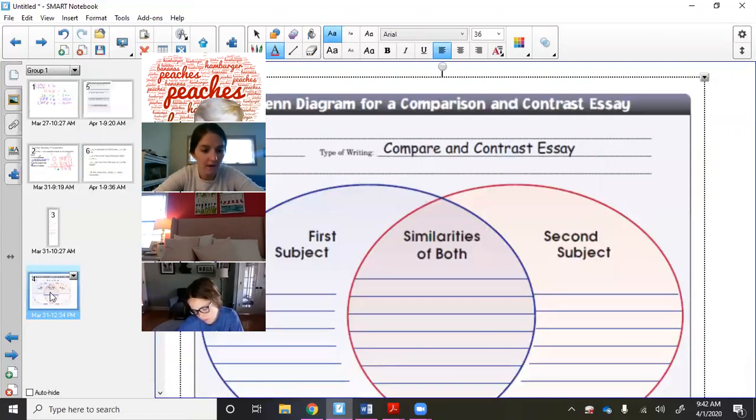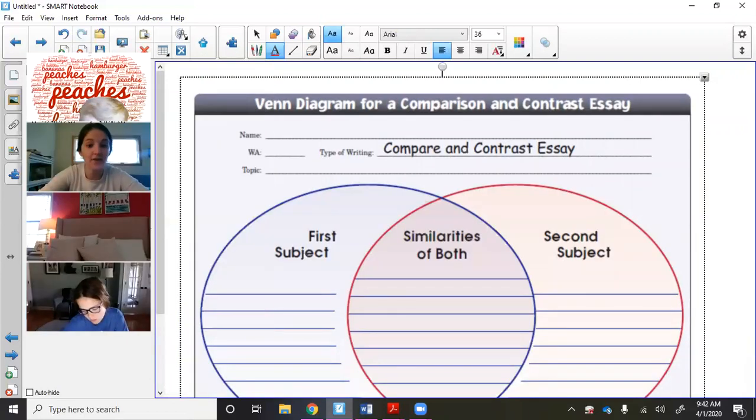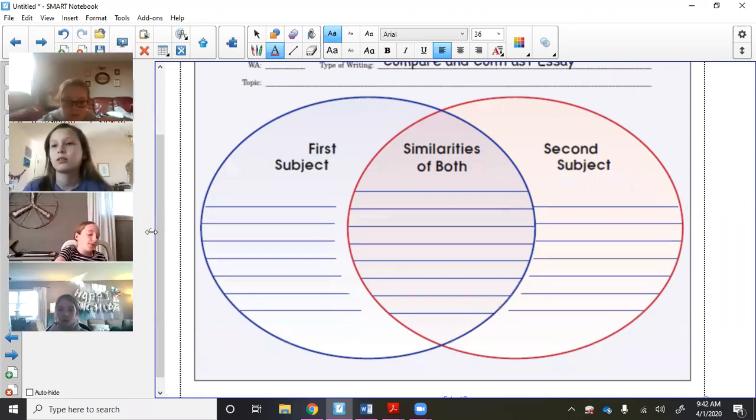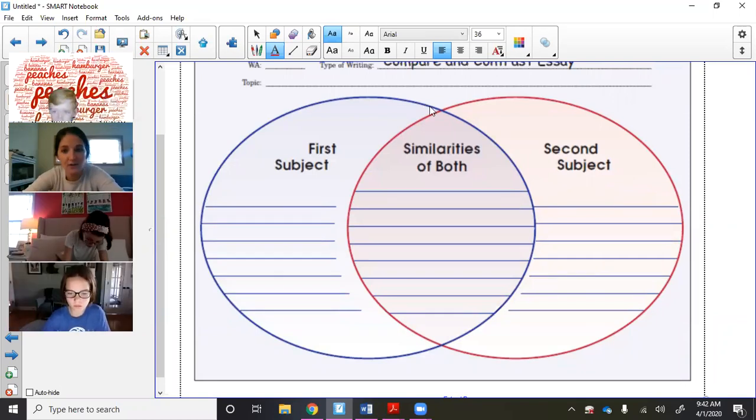Okay, so your compare and contrast essay Venn diagram should look something like this. Obviously, it's not going to look exactly like this. You compared either two characters in Where the Red Fern Grows, or you compared remote learning versus learning at school. Okay, does it ring a bell? We good to go for that? Is there a question?